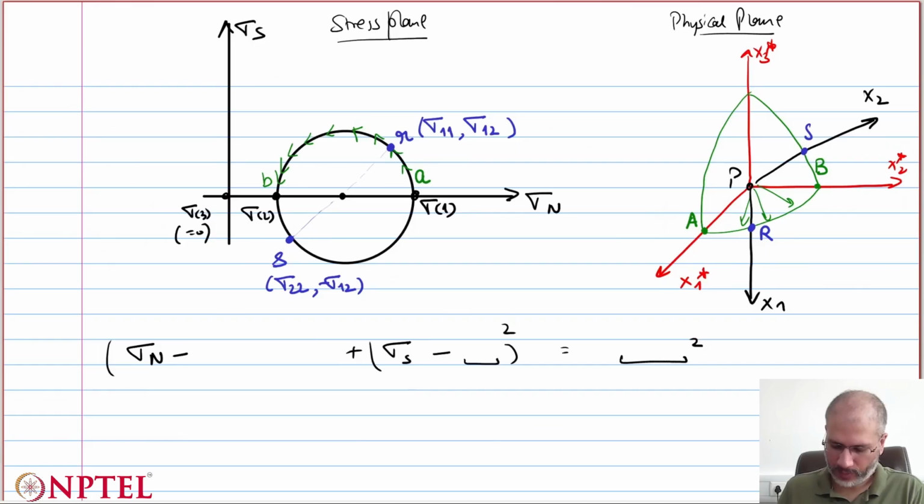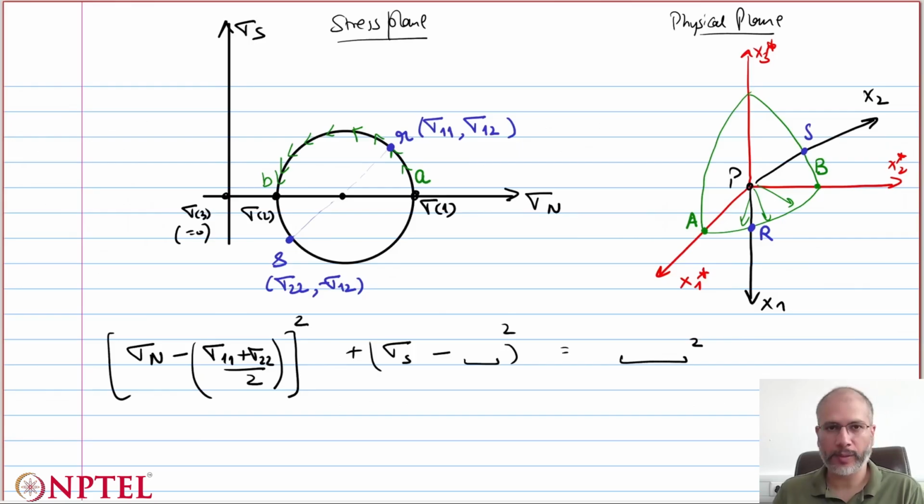So this becomes sigma 1 1 plus sigma 2 2 upon 2, and this is square of that. Now in terms of center coordinate in sigma s axis, that's a 0, so that's very easy to write. So this becomes sigma s minus 0, so that's basically sigma s squared.